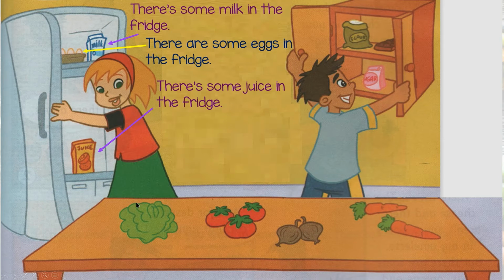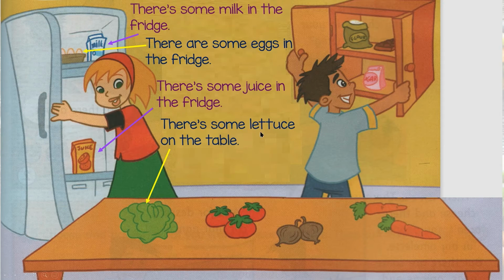What about lettuce? We can count it as heads of lettuce, but lettuce itself is not countable. Lettuce is an uncountable noun. Therefore, we will use there's. There's some lettuce on the table. Next will be tomatoes. Can we count them?